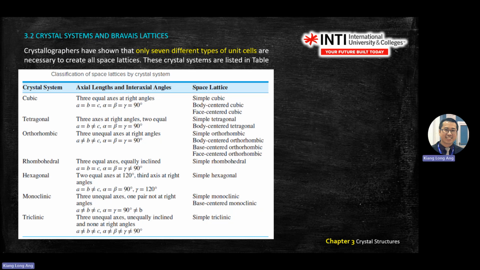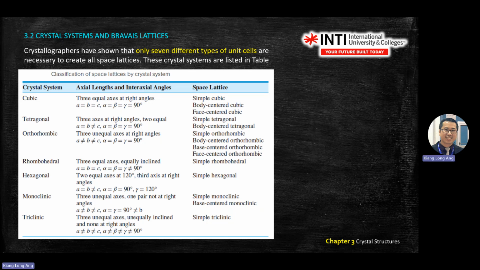For the cubic crystal structure, the space lattices you will study are simple cubic, body-centered cubic, and face-centered cubic. In a later slide, we will give them simple names: body-centered cubic is BCC, face-centered cubic is FCC.